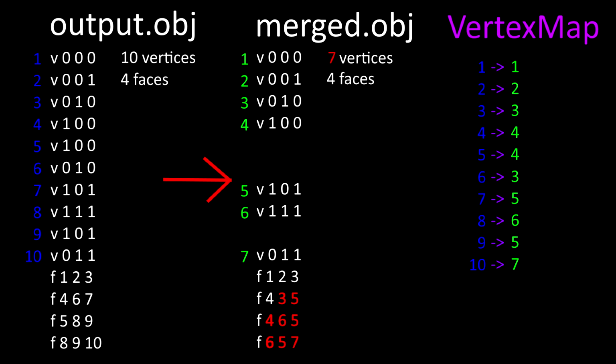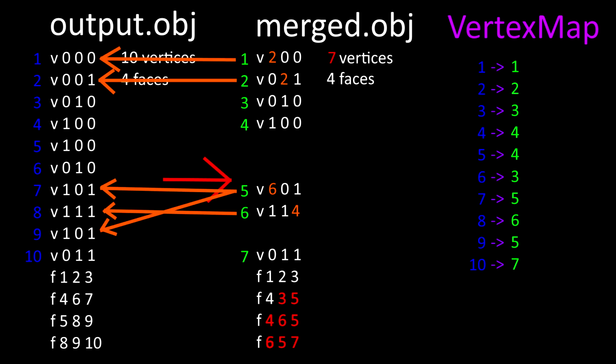Now, because we have a map of our original vertices to our new vertices, we can go ahead and change our new OBJ in a much easier way than we could the original OBJ. Then, once we're finished editing our new OBJ, we can export that OBJ, take all of those vertices, which are still in the same order, and take the locations of the vertices and replace the locations of the vertices in the original OBJ that those vertices are mapped to.